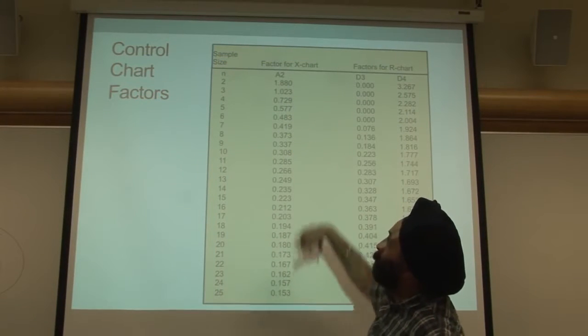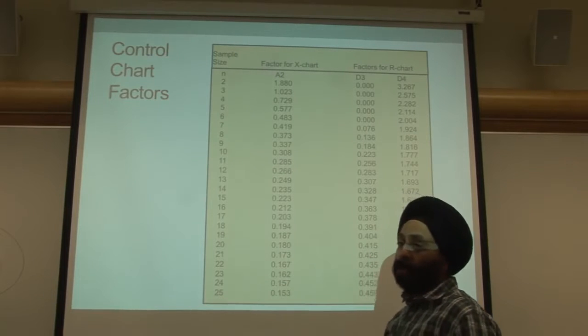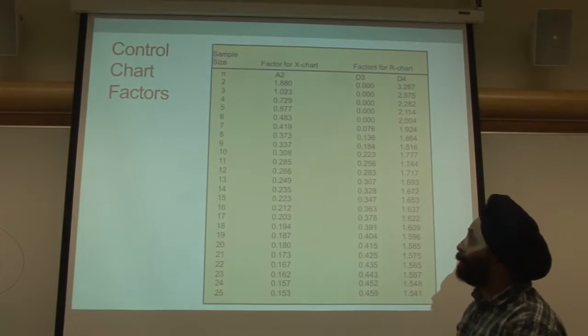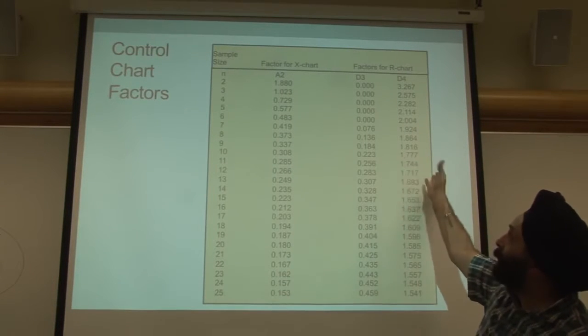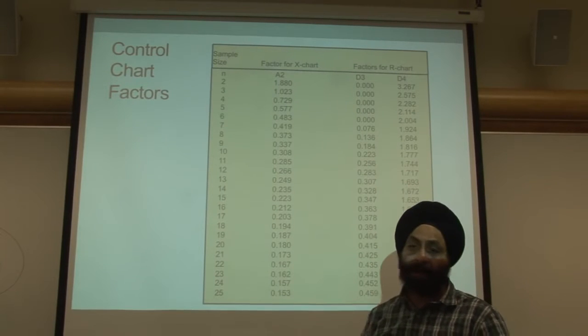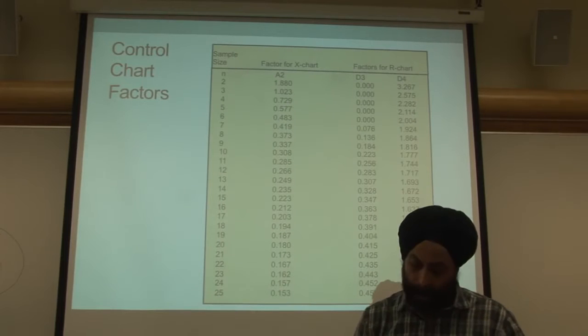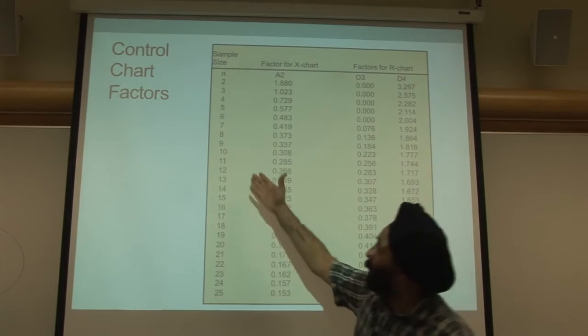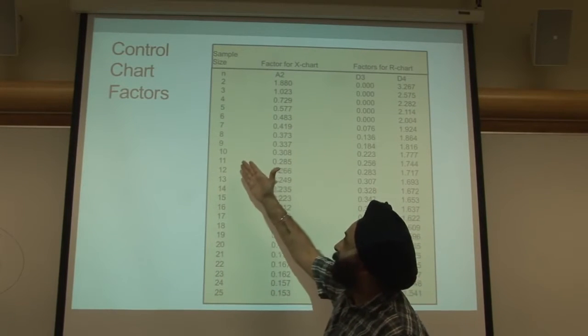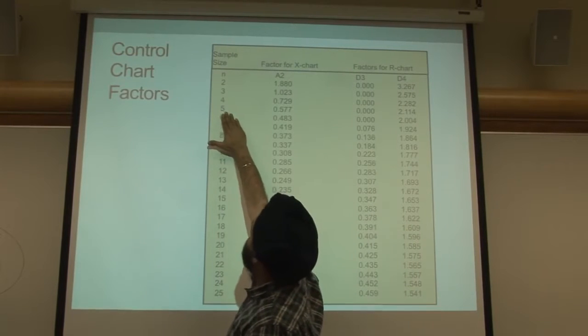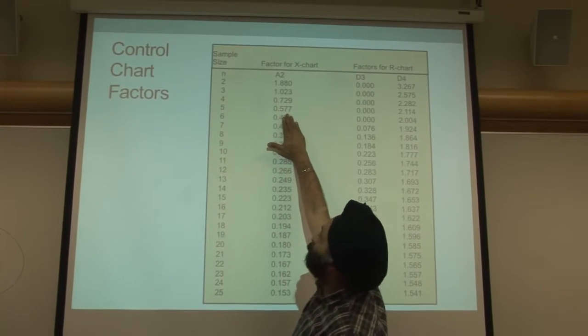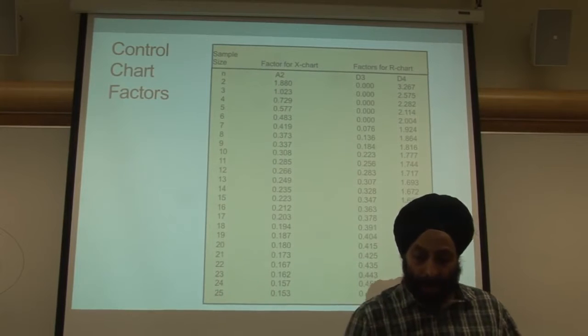One of the factors is A2, which is used for the X bar chart, and then we have 2 different factors used for the R chart, D3 and D4. This is the table given in the textbook, and it is used for a specific sample size. If you have a sample size of 5, the factor A2 is 0.577.